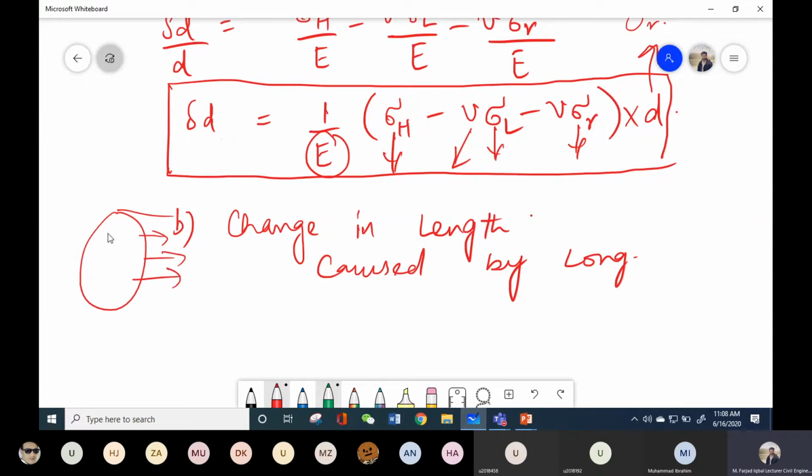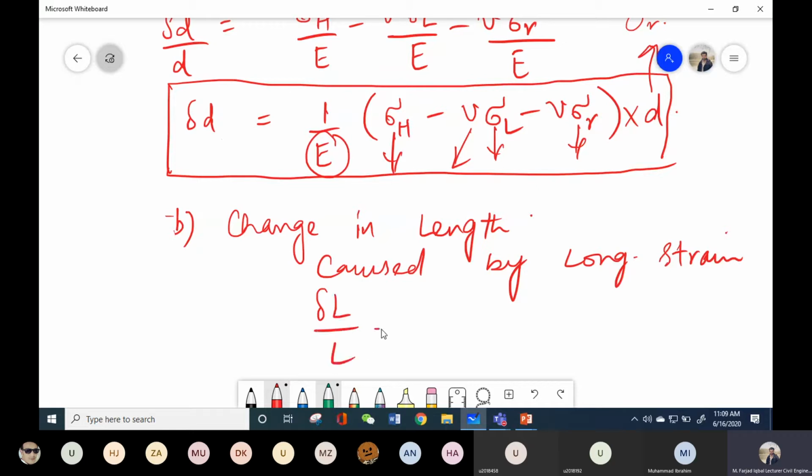Either they will elongate the section, increasing its overall length, or they will cause a decrease in the length of the section. So they are responsible for the changes in length. So we have to utilize this longitudinal strain to calculate the change in length. So how will we do that? We will apply the same procedure.